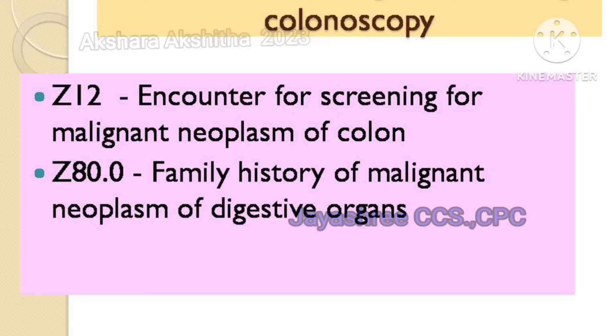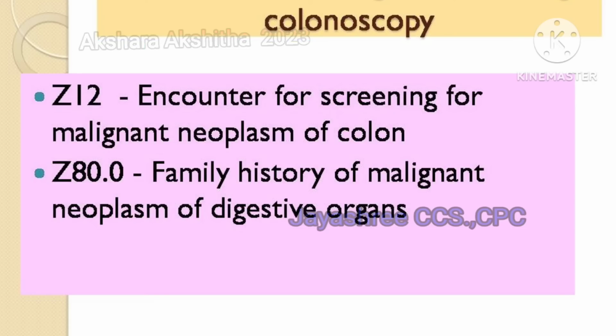Then secondary, whatever condition the doctor identified, either polyp or whatever it may be, will be a secondary diagnosis. Then family history or personal history Z codes we can bill finally.